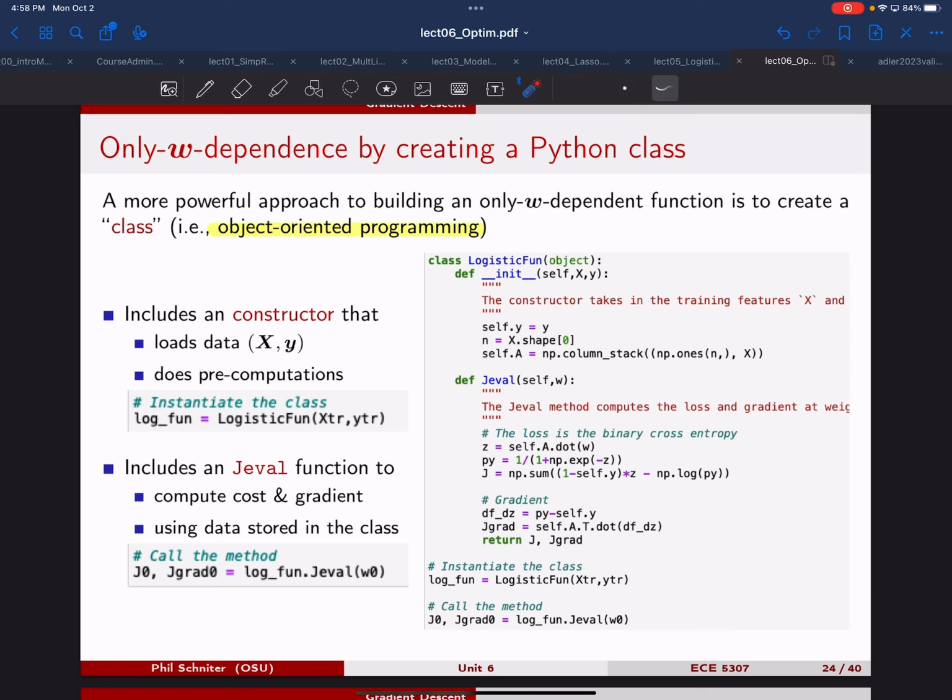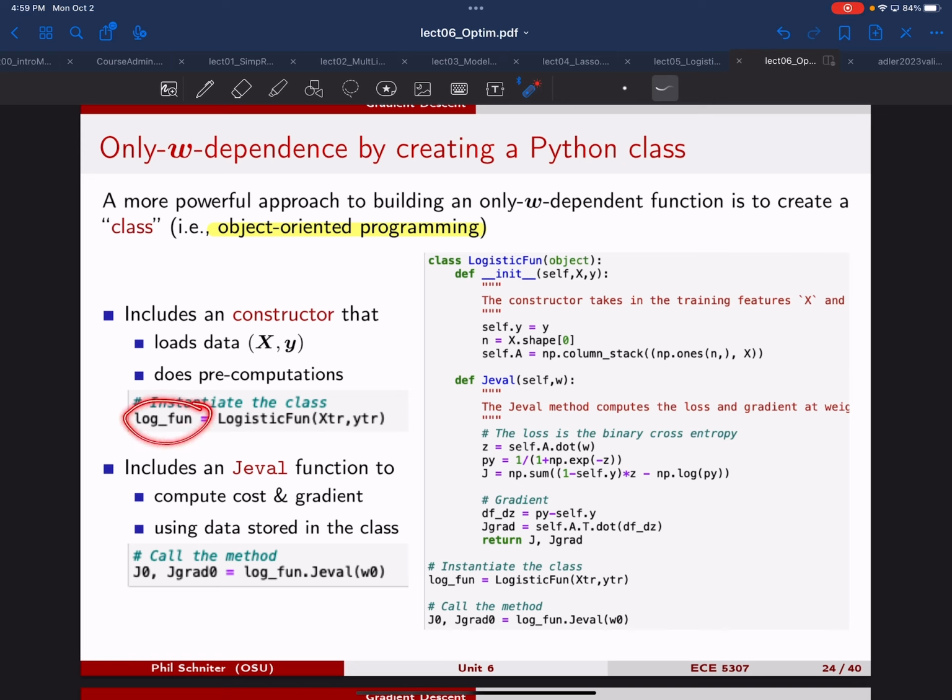And so here you can see we're setting up a class with this name. And this class must have what's called a constructor. And a constructor is the thing that is run when you instantiate the class. So our class is called logistic fun here. And when we call it first, we're going to call it with the training data.